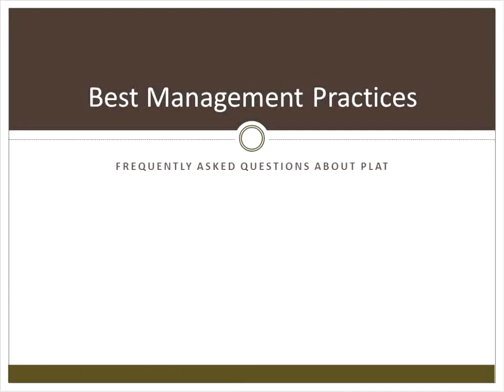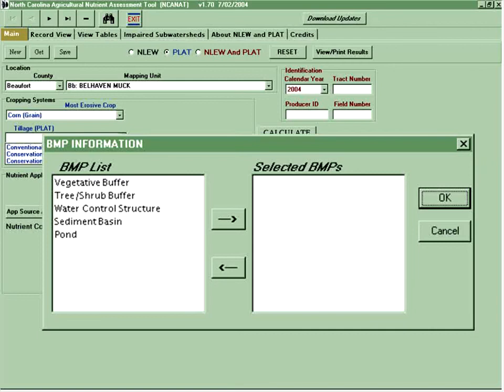But let's look at the conservation practices we do have and think about how we can use them in phosphorus. So we have buffers, we have water control structures, we have sediment basins, and we have ponds.